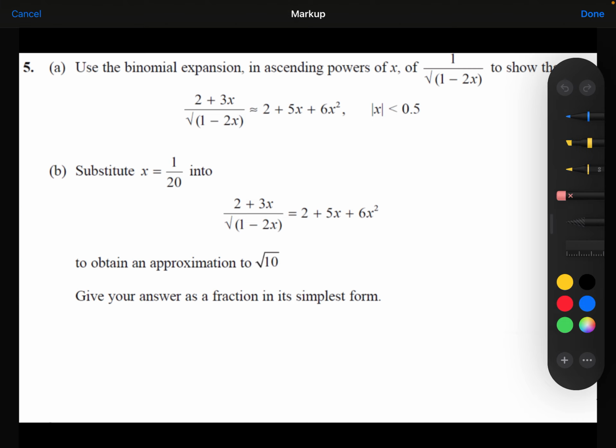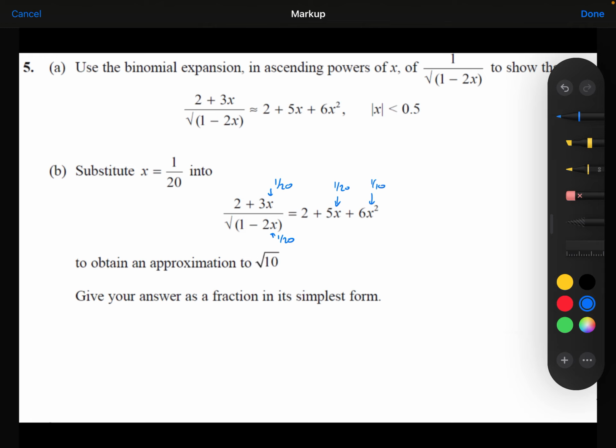It says to substitute 1 over 20 into this equation to obtain an approximation for root 10. So I'm going to substitute 1 over 20 in here, in here, in here, and in here. And hopefully I'll be able to see where this root 10 is going to come from.